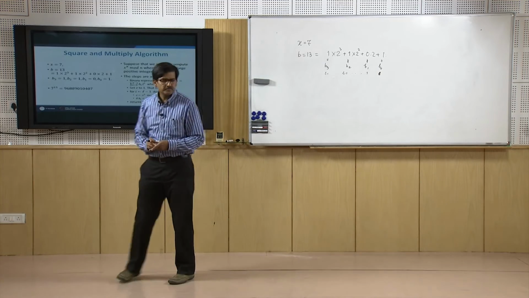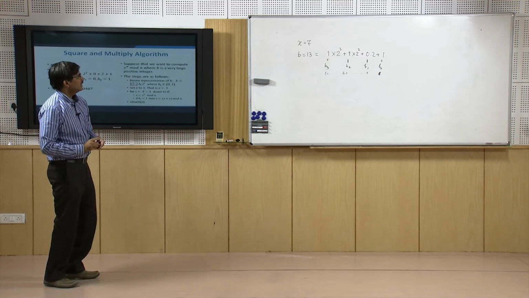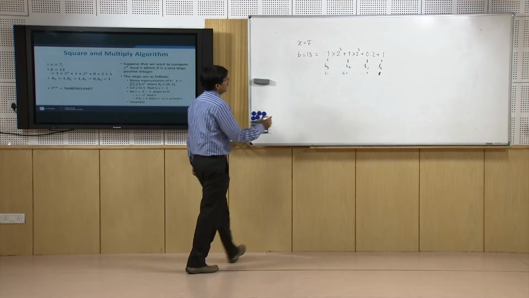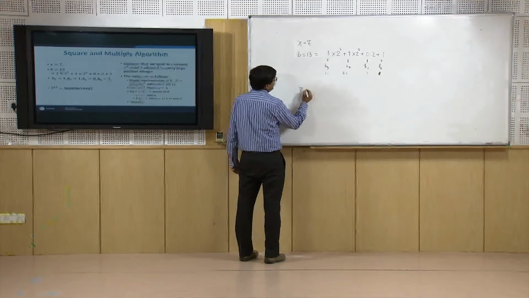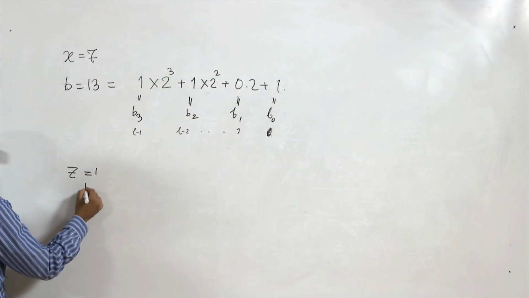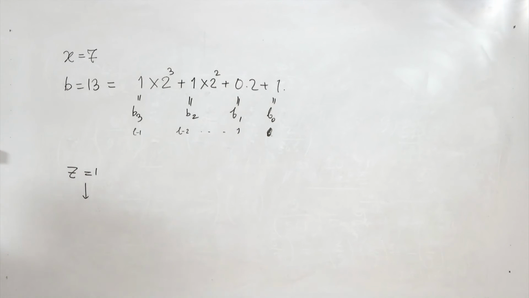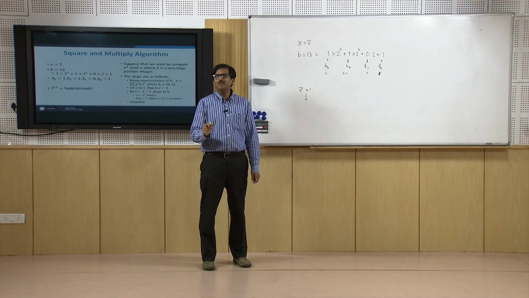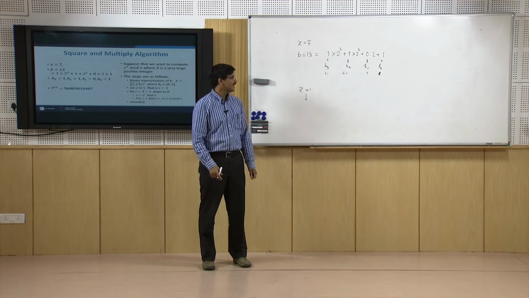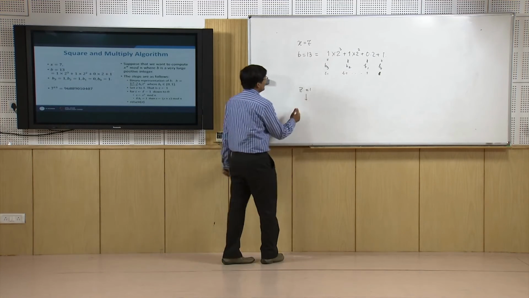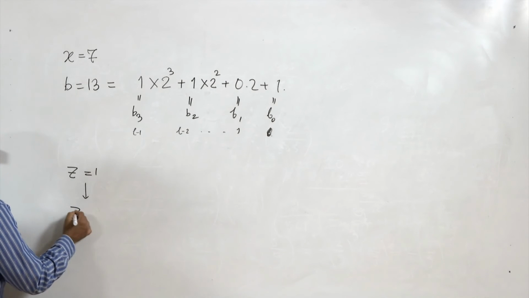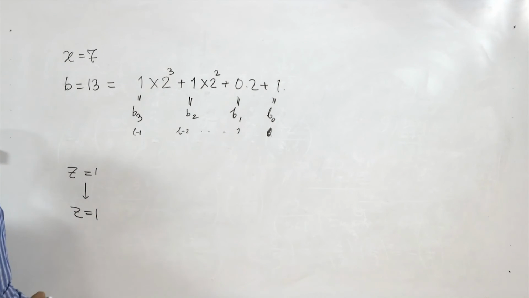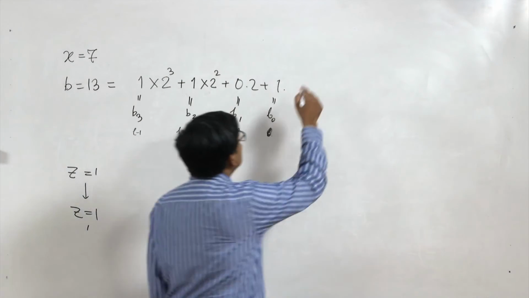So, in the beginning z is equal to 1, I go in. Always remember that it is square and multiply, not multiply and square. So, we first square; if we square 1, it remains 1, then I go in. So, let me write it over there.